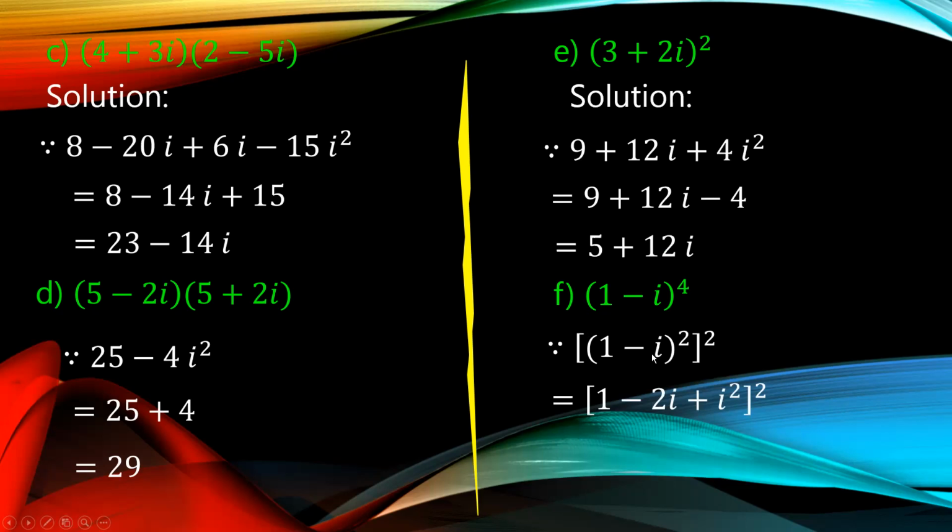Here, 1 minus i all power 2 equals square the first, square the second, and multiply first by second by 2. Here, i power 2 equals negative 1, then negative 1 plus 1 equals 0. Then the result will be negative 2i all power 2. It will be 4i power 2, which equals negative 4.